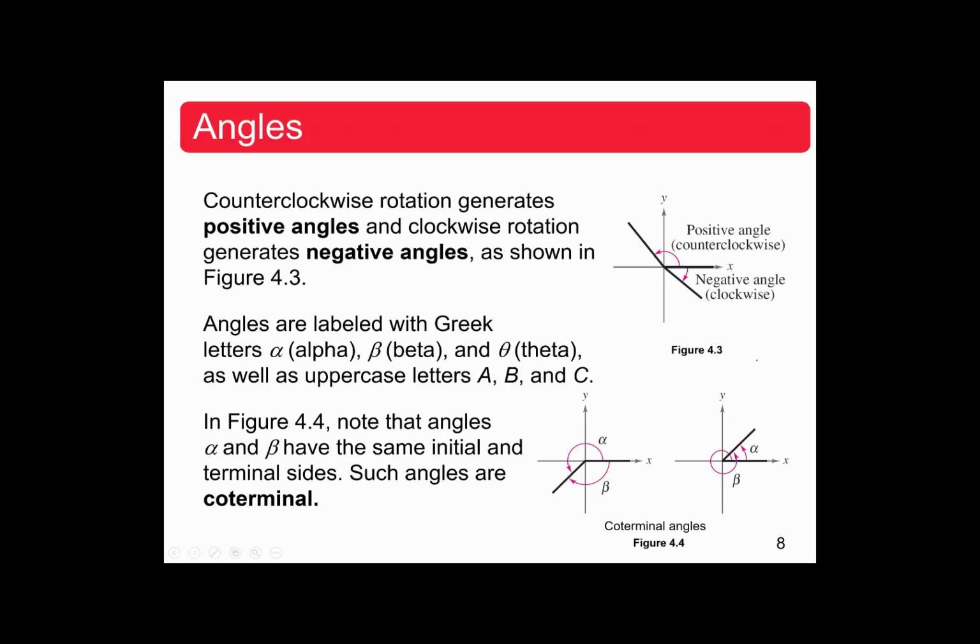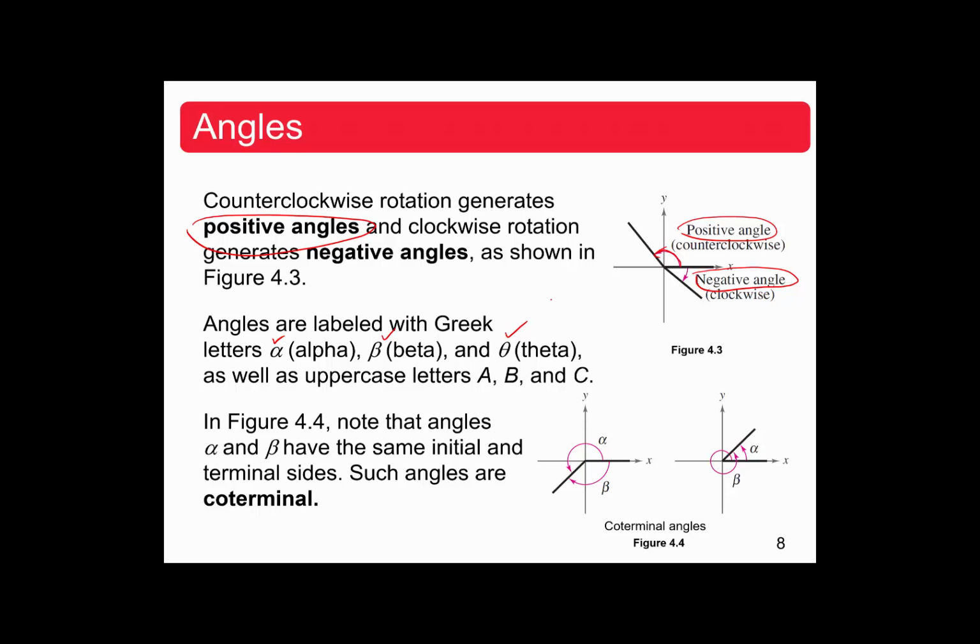A positive angle is formed by rotating counterclockwise, so this is a positive angle right here because it's rotating counterclockwise. If you rotate clockwise, you get a negative angle. We can use the Greek letters alpha, beta, or theta to represent the angle.